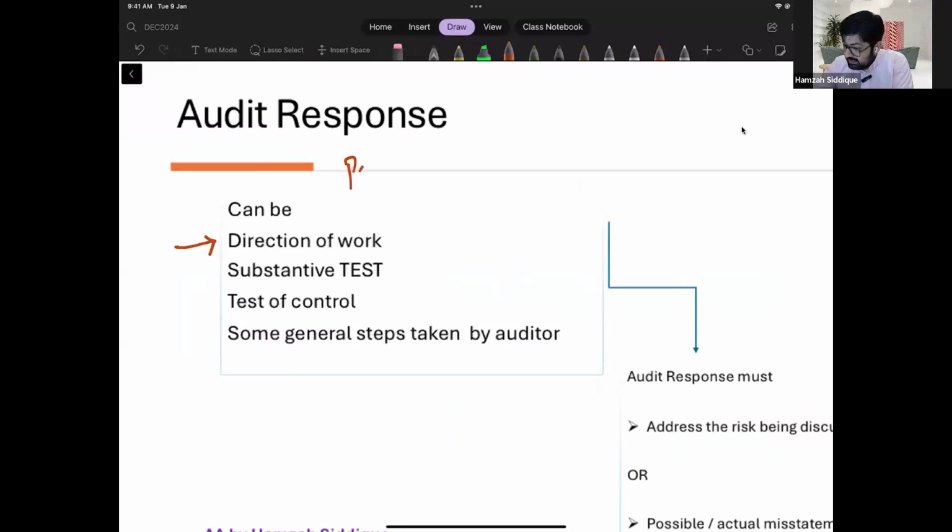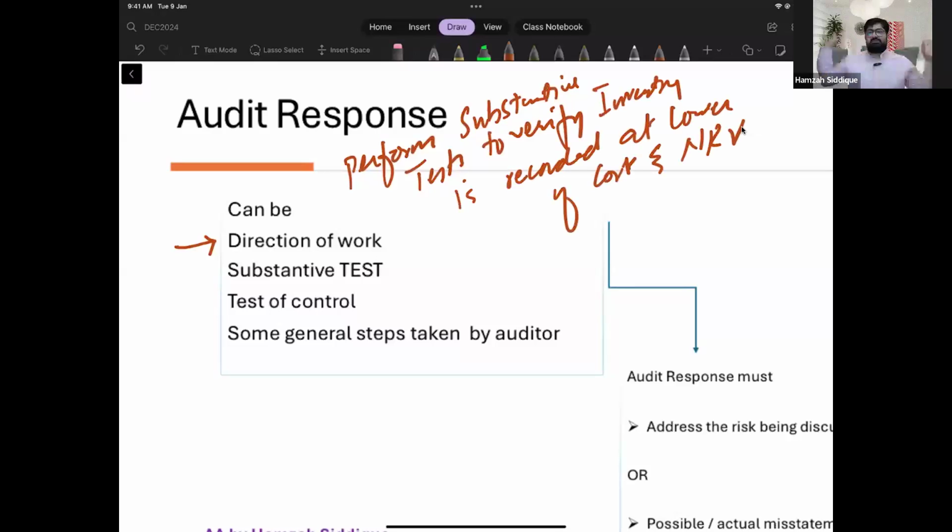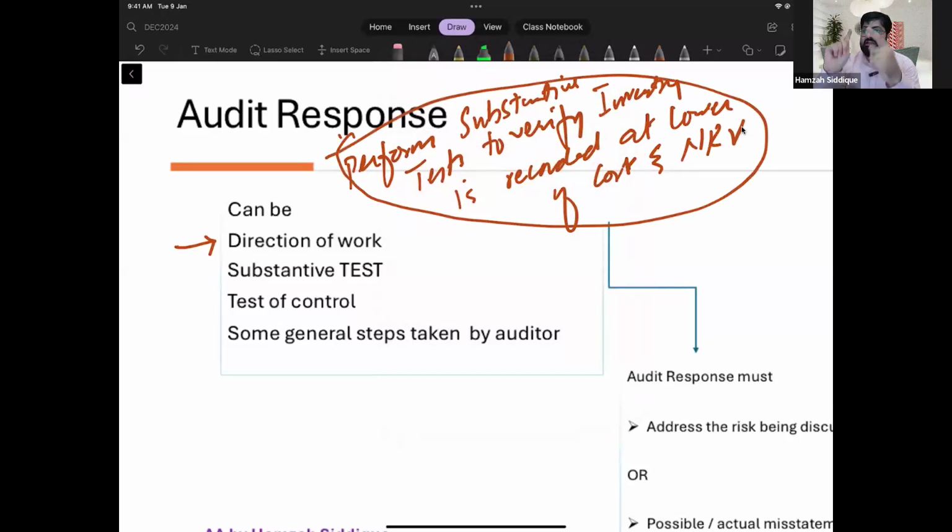This sentence which I spoke is not a substantive test. This statement is not a test of control. This is a direction of work.